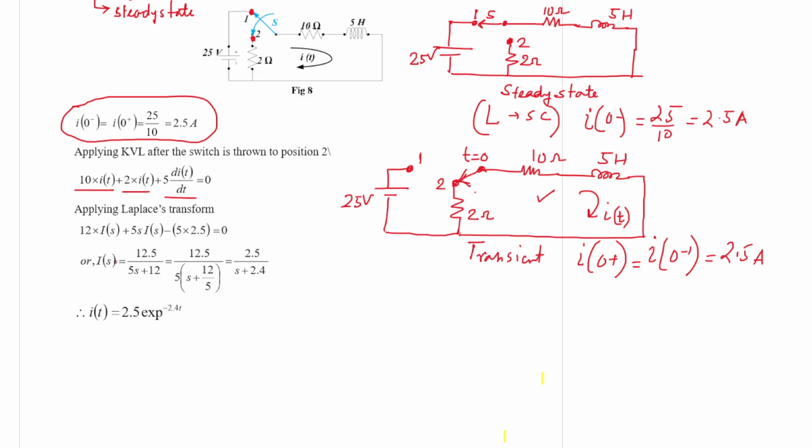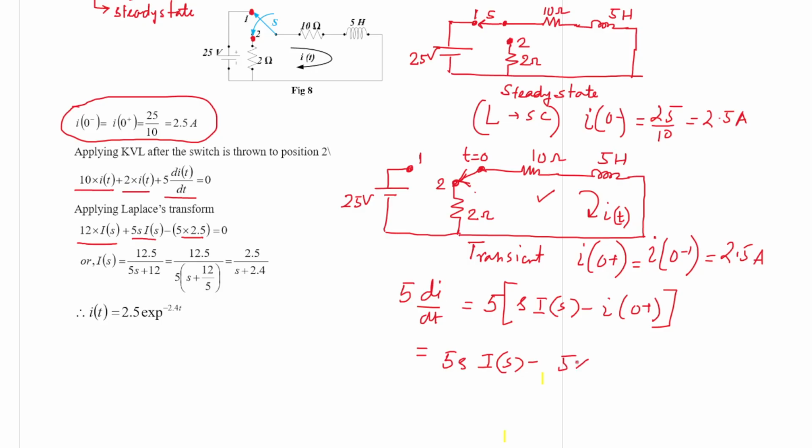Now when you apply the Laplace transform, 10 plus 2 becomes 12, so 12 I(s), plus, following the derivative rule, 5s I(s) minus 5 into 2.5.